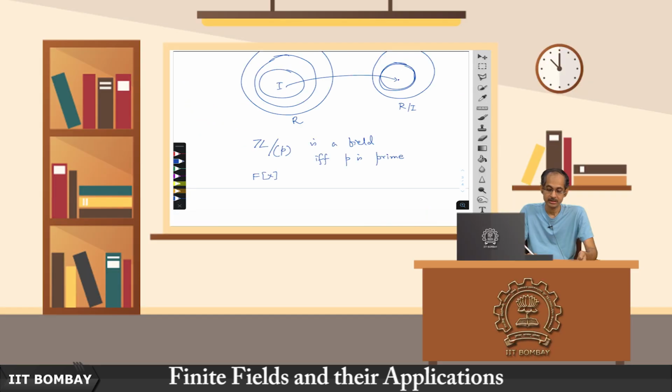And hence, you take any polynomial f(x), the quotient ring is a field if f(x) is prime. And this will play a very important role in our construction of finite fields. However, we will show later that F[x] is a PID.